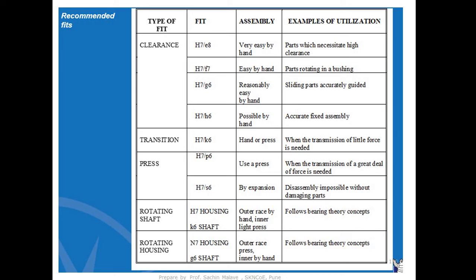Okay, so an example of utility where it is used: parts which necessitate high clearance, where you want high clearance, there you can use this type of fit. You can choose different combinations of this type of hole and this type of shaft. Then H7 F7, assembly easy by hand, parts rotating in bushing.